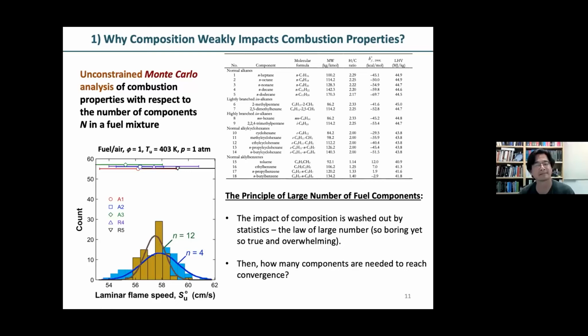Now you know where I'm getting to. If I have 18 components, all 18 being chosen, although the concentration of each component is random, I'll get such a narrow flame speed distribution with a mean at 57 and a standard deviation certainly smaller than 1 centimeter per second. So you trust me.